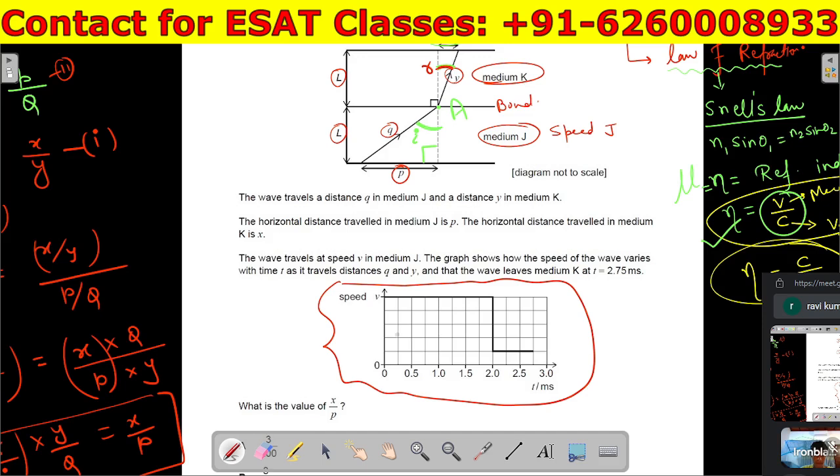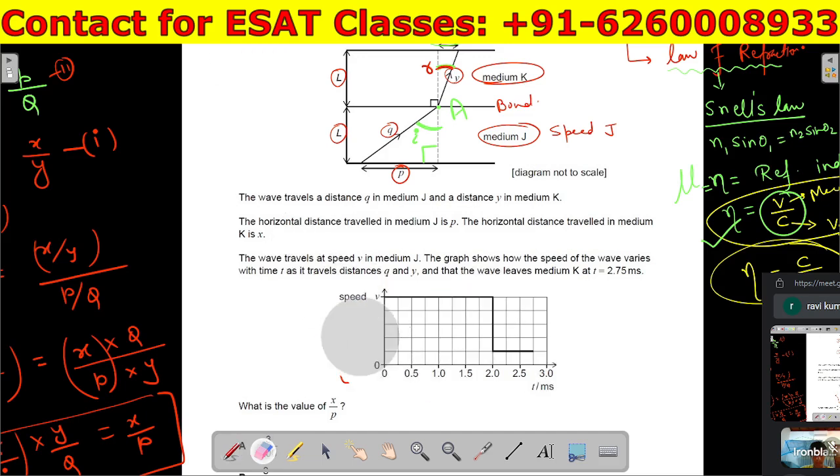What's the complexity we are facing? There is nothing mentioned on the y-axis for the speed. There is no numerical data. On the x-axis for the time we have numerical data, but for the y-axis, for the speed, we do not have any numerical value. Are you getting this?